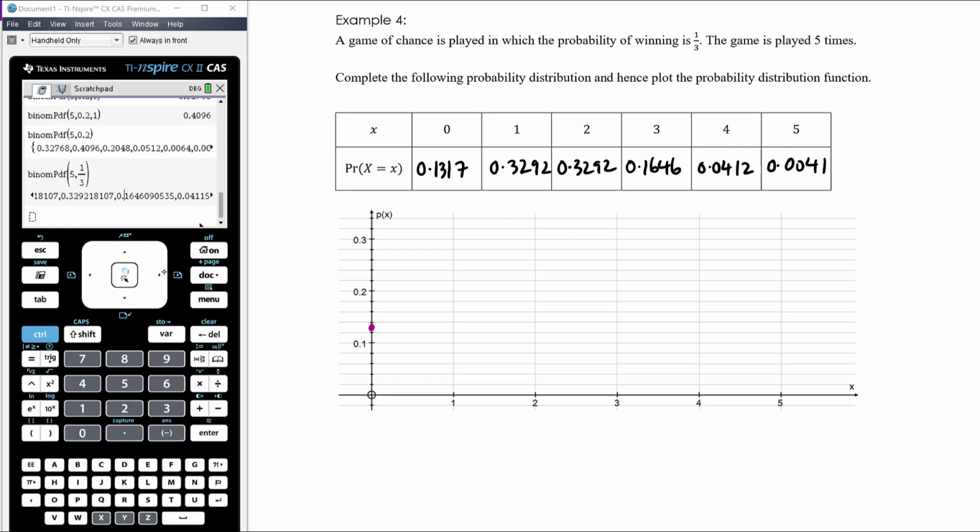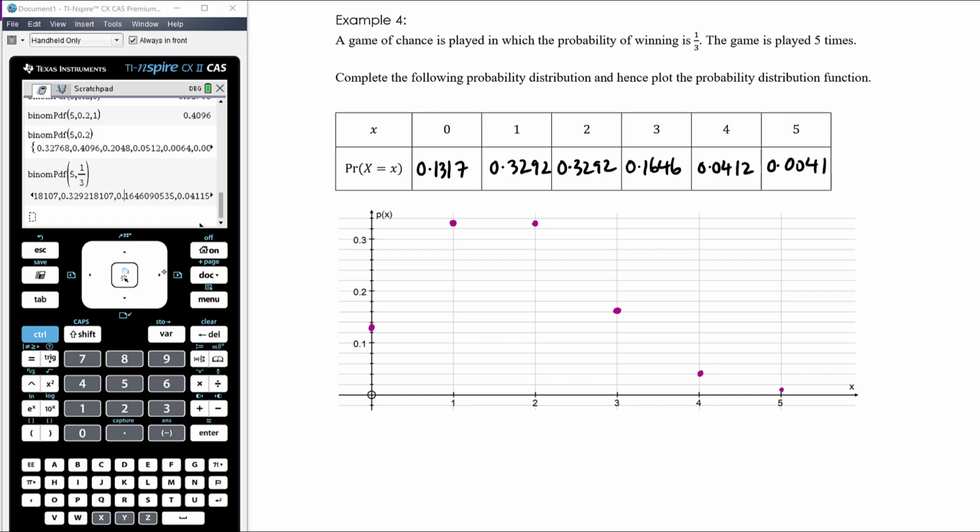When x equals 1, the probability is 0.33, let's say, to two decimal places, so 0.33 is going to be here. Same for when x equals 2. When x equals 3, the probability is 0.16, let's say. So that's 0.1, 0.12, 0.14, 0.16 is going to be here. 0.04 is here, and then 0.0041 is really, really small.